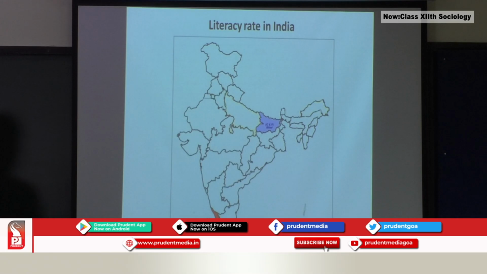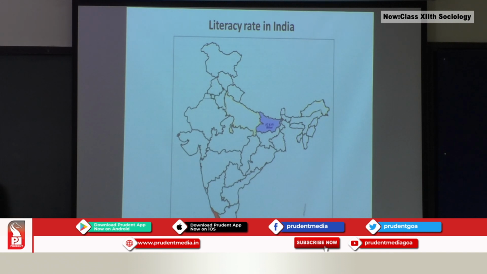Region wise also there is a wide range of difference, and the state of Kerala is approaching the highest literacy rate. Kerala is topping, and their literacy rate is 94%.